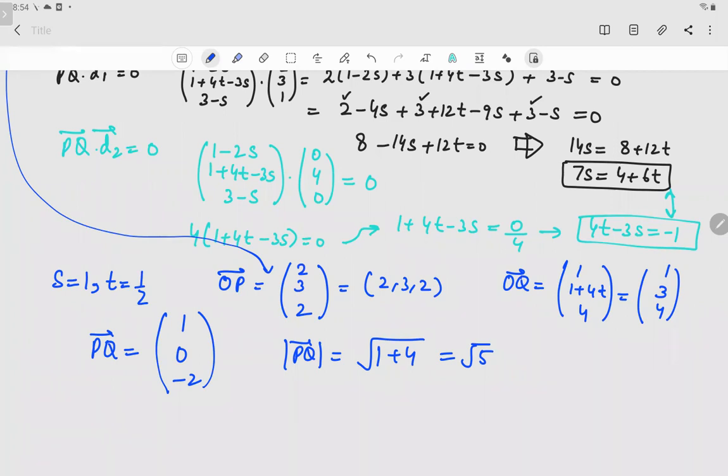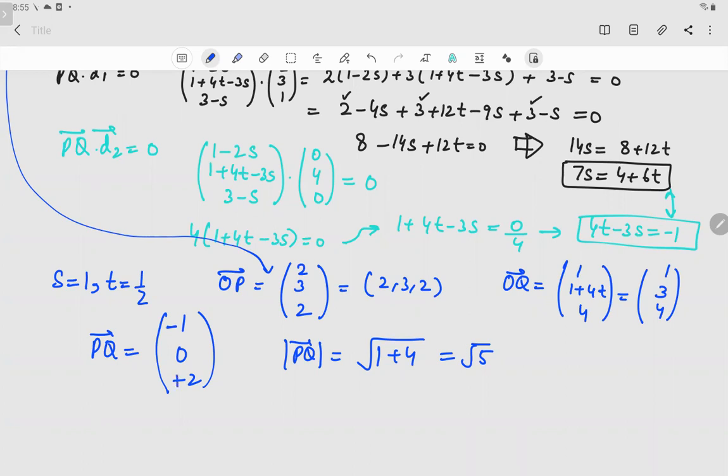Okay, this is just one of the methods in which you can find the shortest perpendicular distance between the two lines, okay? PQ is equal to OQ minus OP.